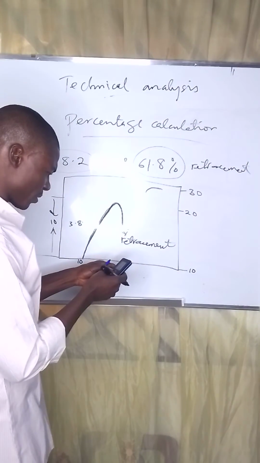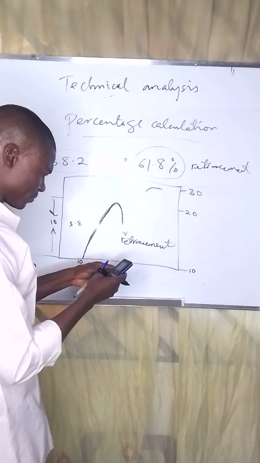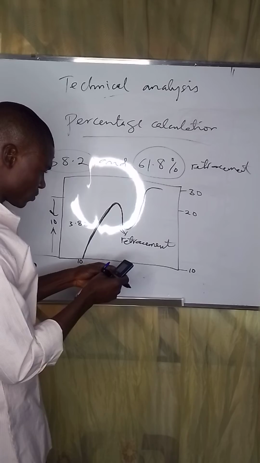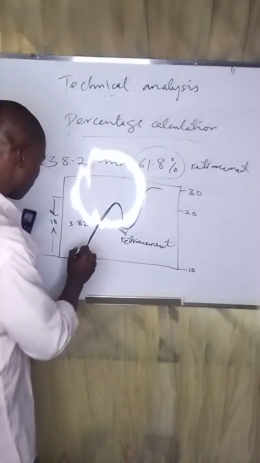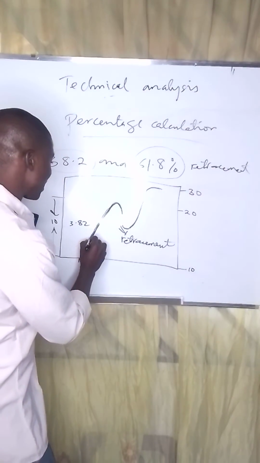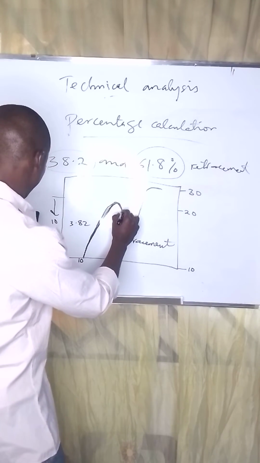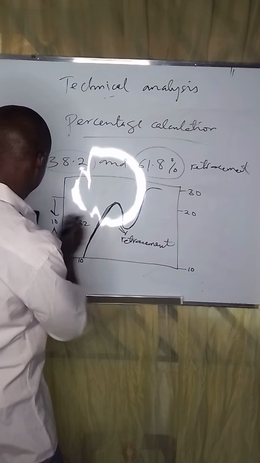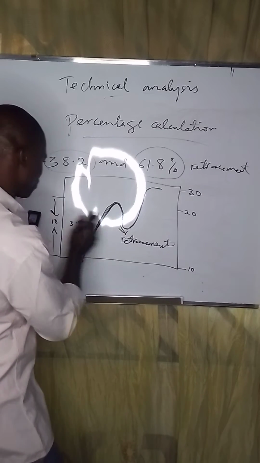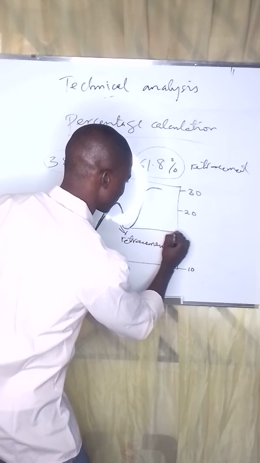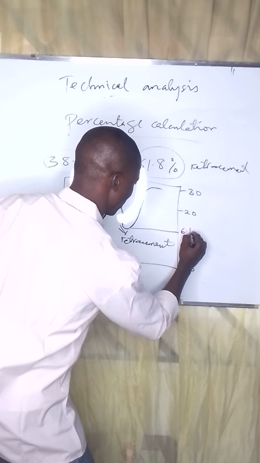If we have 10 minus 3.82, 6.18. The $20 mark is going to fall back to 6.18. This retracement will occur at 6.18.